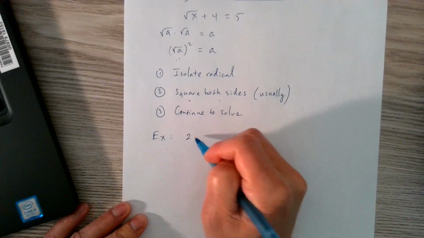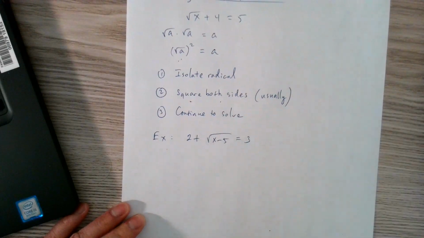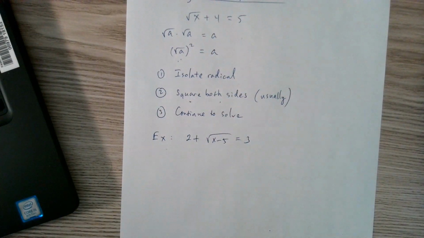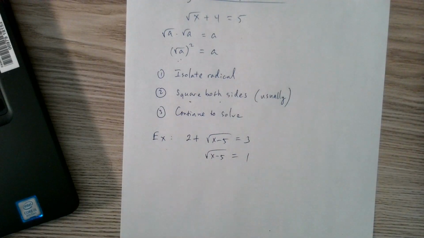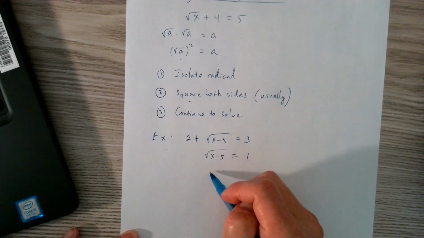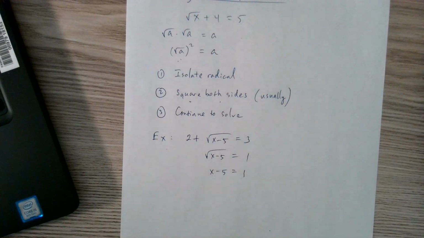Okay, we'll start with a pretty simple example. 2 plus rad x minus 5 equals 3. So first phase, isolate the rad. There we go. Second phase, square both sides. And now the rad is gone, solve as normal.